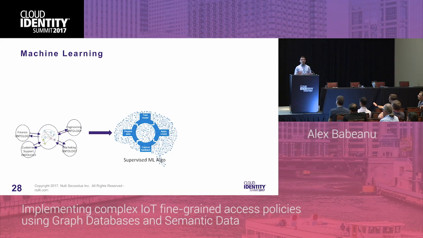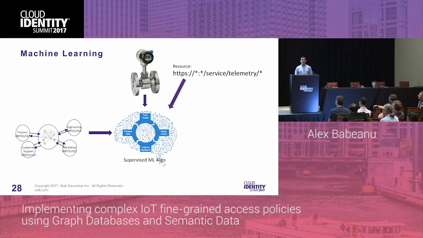So if you already have your graph, then it would be easy, well, not easy, but you would actually be able to use this data and train your supervised machine learning algorithm. And that could then maybe make policy decisions for you and generalize your access policy decisions. And actually that could feed back into the model itself, because as I mentioned, graphs are dynamic, so why not also update the graph as you go?